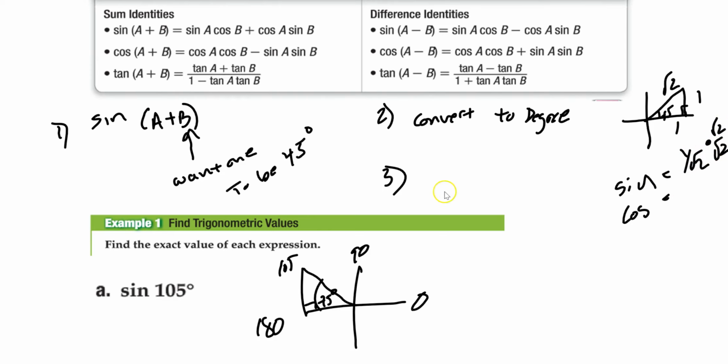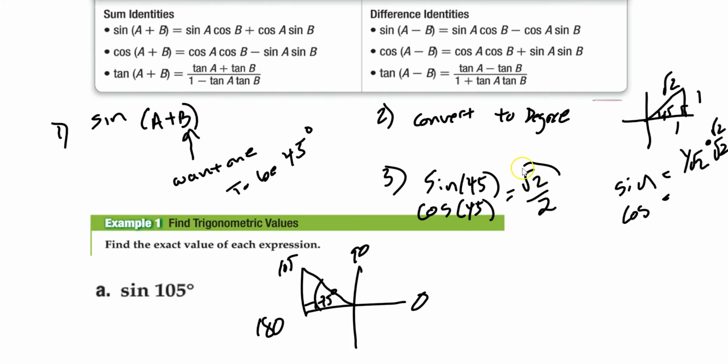So from now on, I want you guys to know that if you do sine or cosine of 45, the answer is always going to be rad 2 over 2 every single time. So sine and cosine of 45 is always rad 2 over 2, right? Because if you do a 45-degree angle, it's 1, 1, rad 2, sine and cosine are the same. And if you rationalize, you get rad 2 over 2.